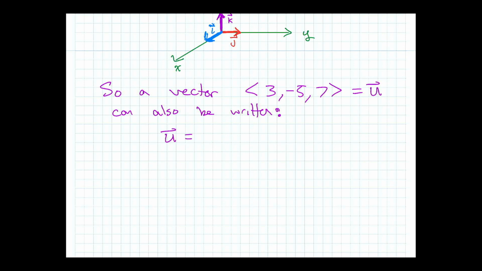You could also write that vector u as 3i minus 5j plus 7k, right? Because I is in the direction of x, so 3i is 3, 0, 0. J is in the direction of y, j is 0, 1, 0. So negative 5 times 0, 1, 0 is 0, negative 5, 0. And 7k is 0, 0, 7. Right? So you can write it this way, 3, negative 5, 7, or 3i minus 5j plus 7k. And these are just alternate notations for the same thing.